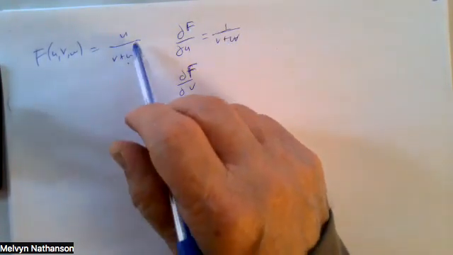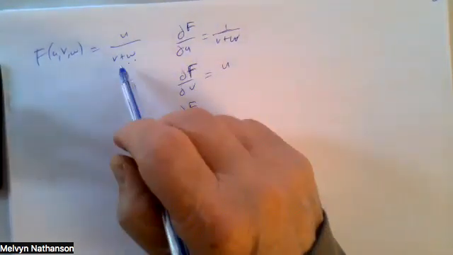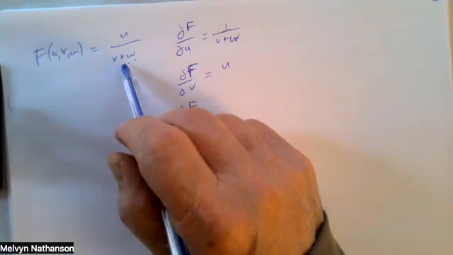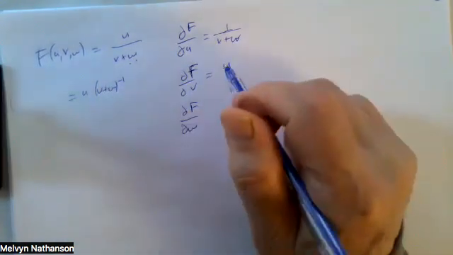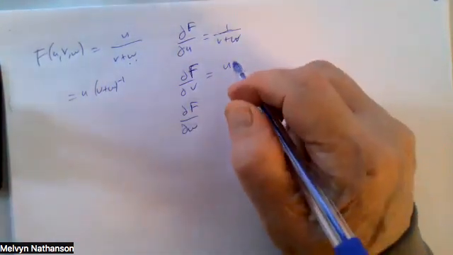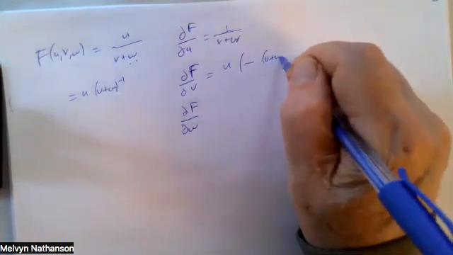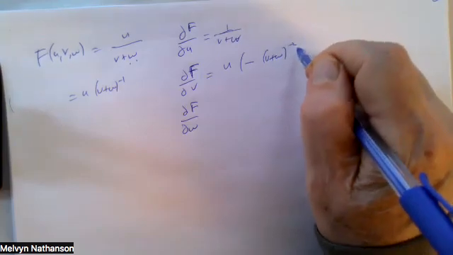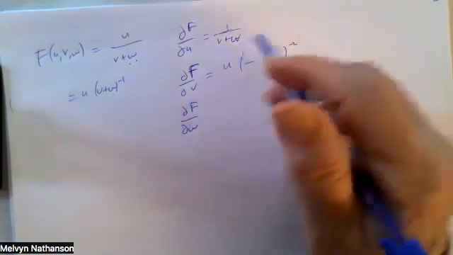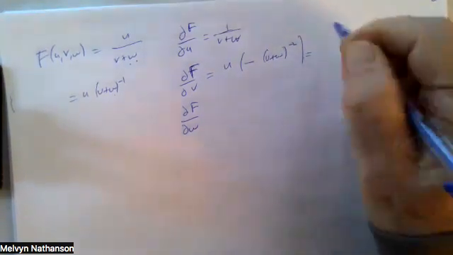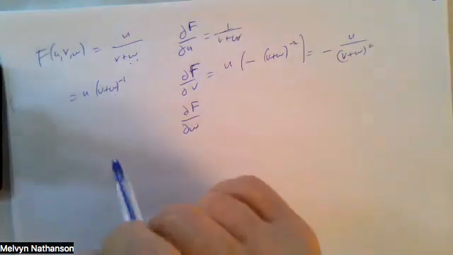The partial derivative with respect to v: this is u times the derivative of 1 over v plus w. This is like u times v plus w to the minus 1. So by the ordinary chain rule from Calc 1, this is minus v plus w to the minus 2 times the derivative of v plus w with respect to v, which is 1. So this is minus u over v plus w squared.